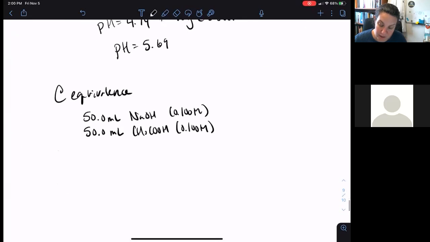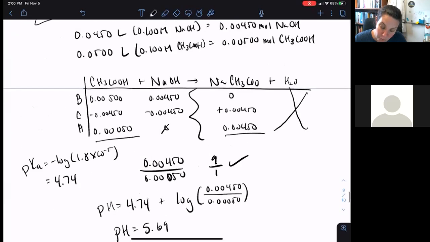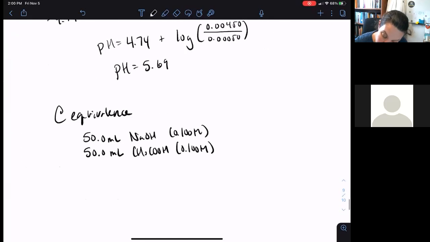So at that point, we've already figured out our moles of acetic acid. So our moles of acetic acid, 0.00500 moles.